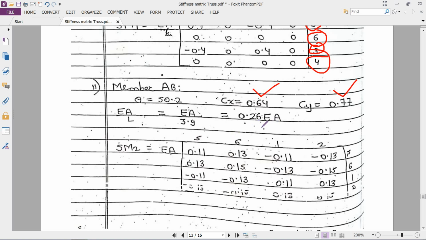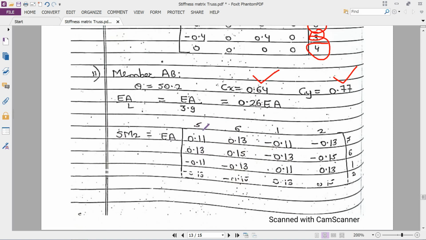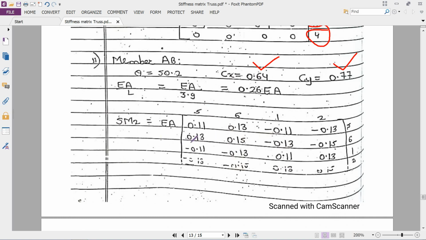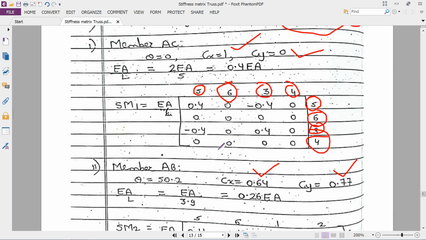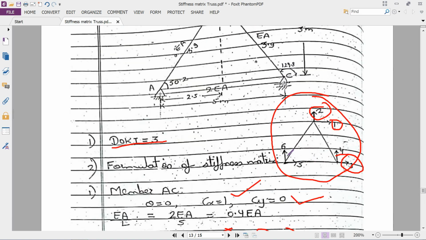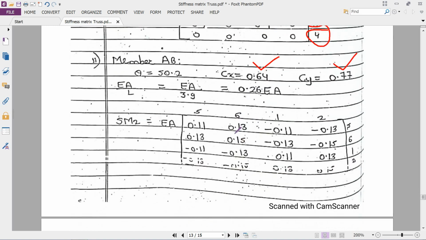We take EA as common outside the bracket and multiply this 0.26 into the stiffness matrix, so we will get the answer like this. The coordinates for AB are 5, 6, 1, 2. We have to put these coordinates very carefully in the stiffness matrix table, otherwise your answer will be wrong. So 5, 6, 1, 2 will be the coordinates we put here.